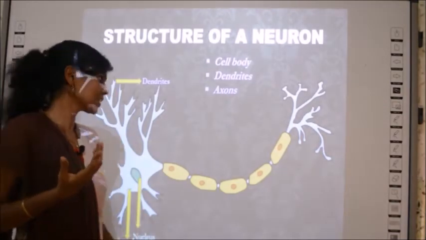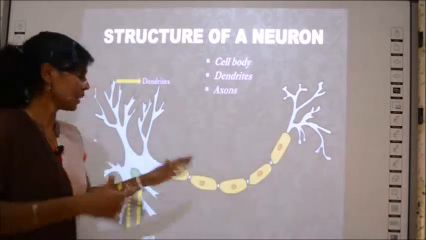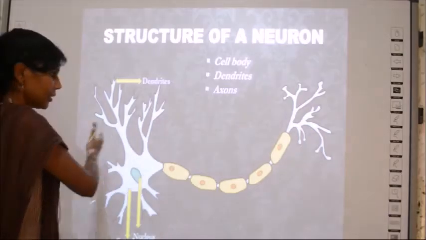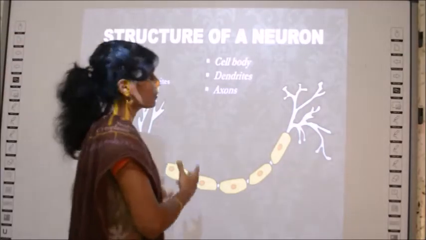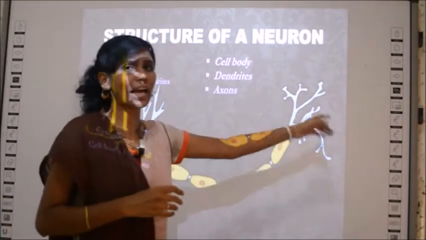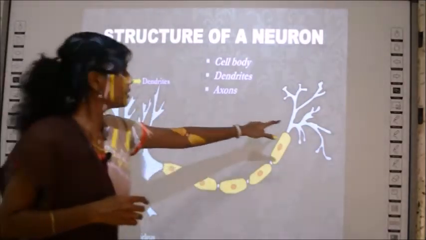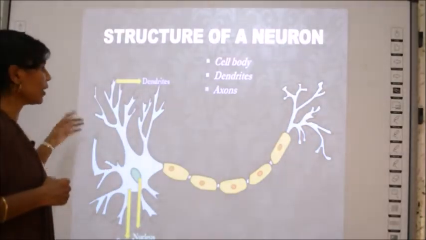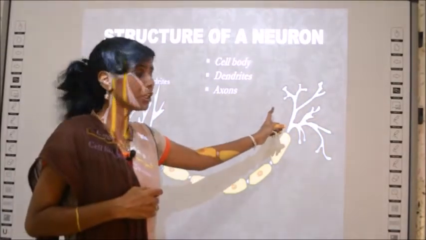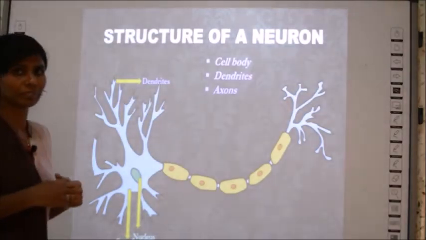From where will it receive? This structure is a repetitive structure, which means the same structure is found here as well as back there also. It is like a long chain, with the same structure repeated. So this one will receive from the structure of the previous neuron and transmit it to the next neuron's cell body.